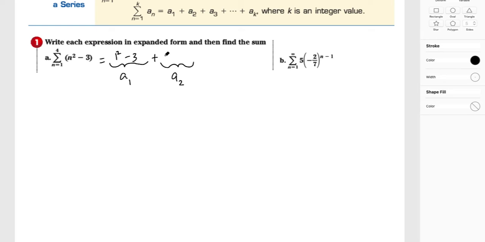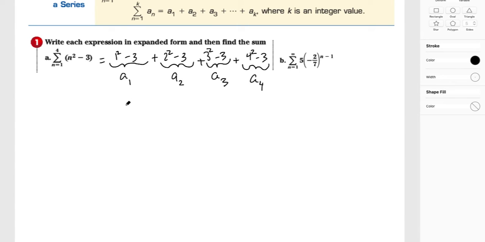This is going to be 2 squared minus 3, which is 4 minus 3, which is 1. And then a sub 3 is going to be 3 squared minus 3. And then a sub 4 is going to be 4 squared minus 3. You see that? We're just plugging in that subscript number right in for n, and we will do it from the index number 1 all the way up to 4.